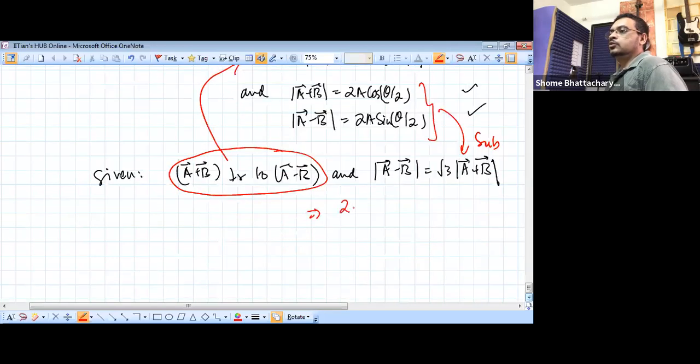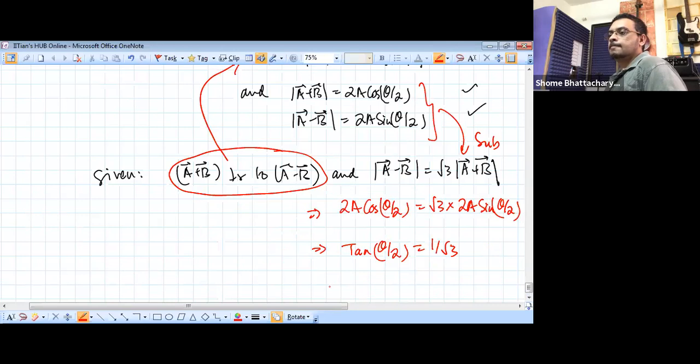So 2A cos theta by 2 is becoming root 3 times 2A sin theta by 2. So this is telling you that tan theta by 2, if we just cross multiply, is equal to 1 by root 3. Oh, sorry, it's the other way around.